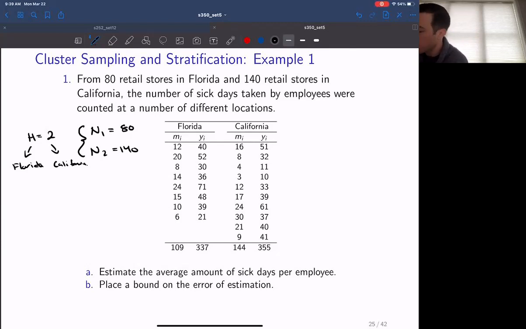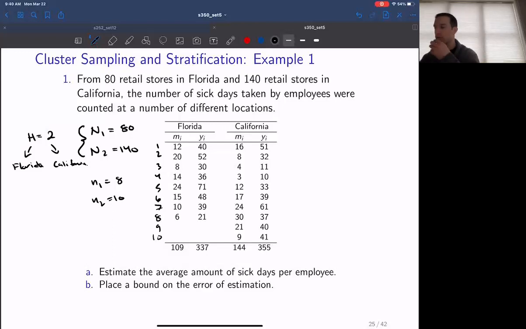Now if we look at the data, you can see that we have 1, 2, 3, 4, 5, 6, 7, 8, 9, 10. That means little n1 is equal to 8 and little n2 is equal to 10. So we have 8 clusters from Florida and 10 clusters from California. The mi count the number of observations per cluster.